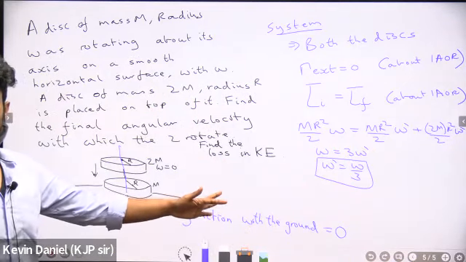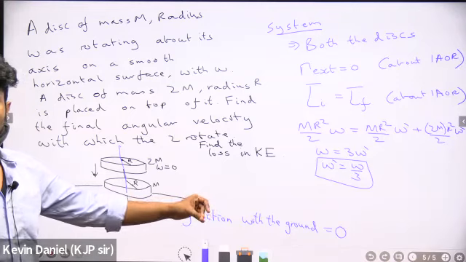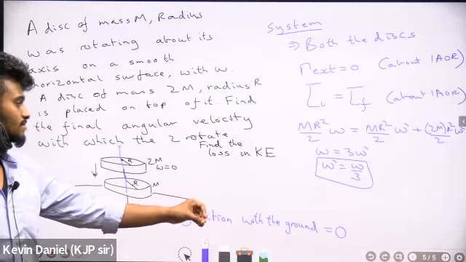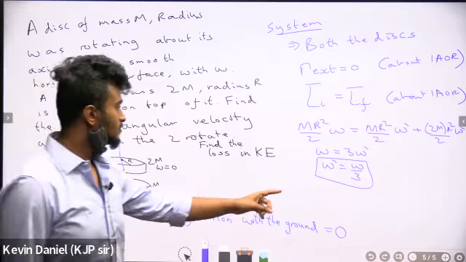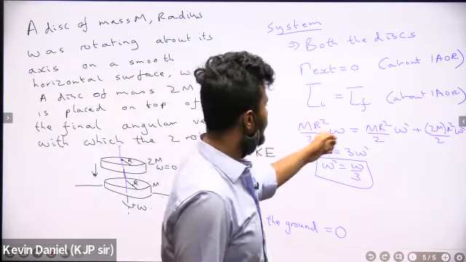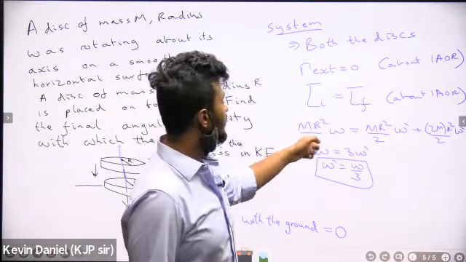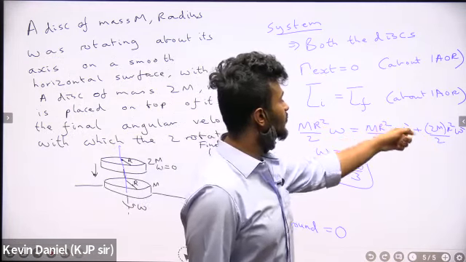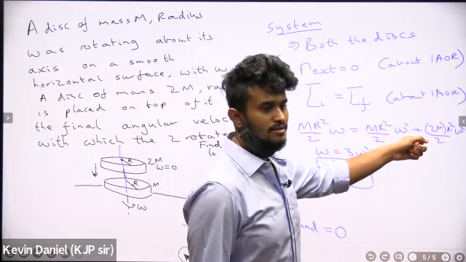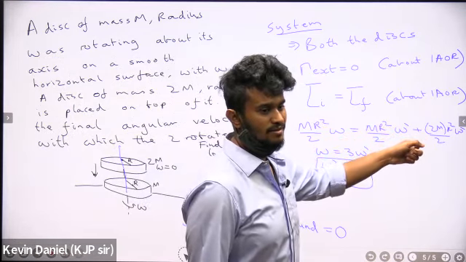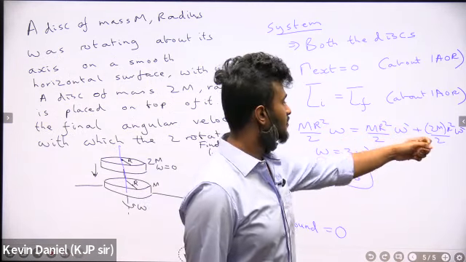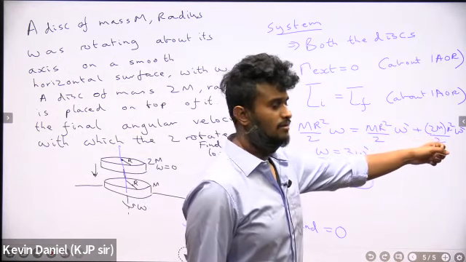यहाँ तक ठीक है? मेरा ओमेगा डैश इज इक्वल टू 2 ओमेगा आ रहा है. ये इक्वेशन है ये इसमें क्या किया तूने? mr square by 2 omega plus mr square by 2 omega dash, 2 mr square by 2. Yeah, so 2 cancel.